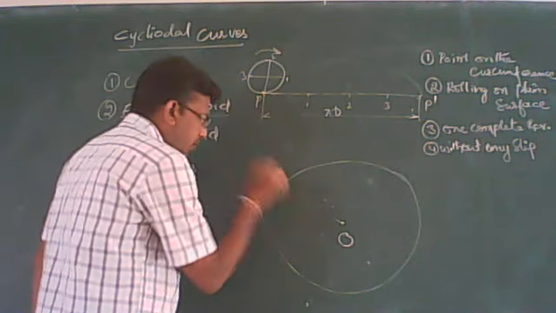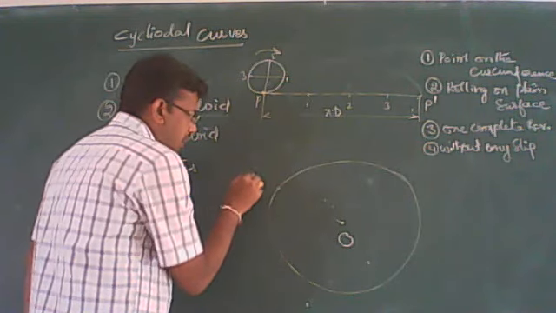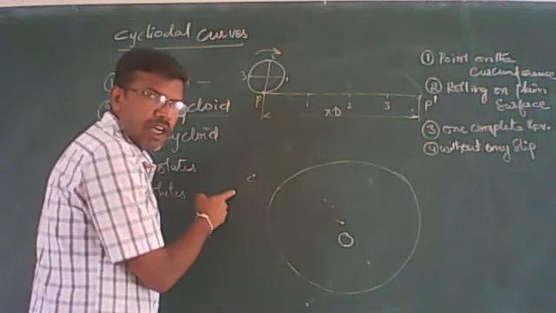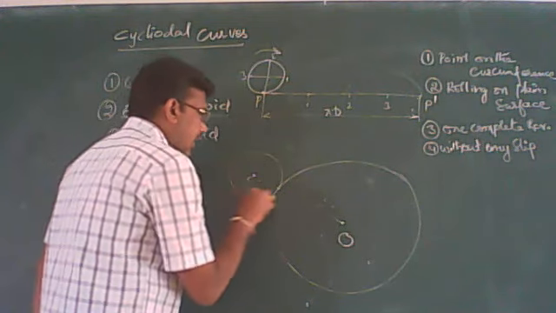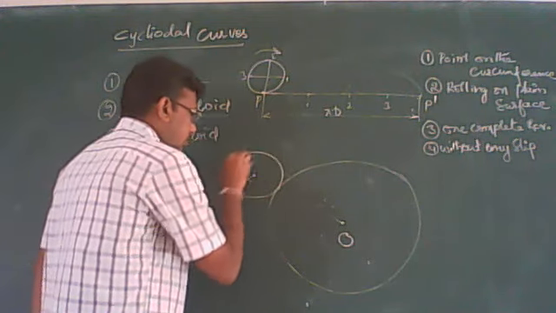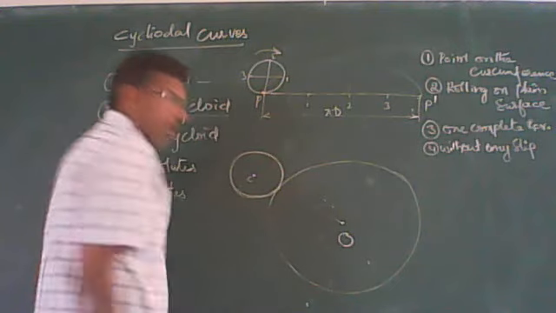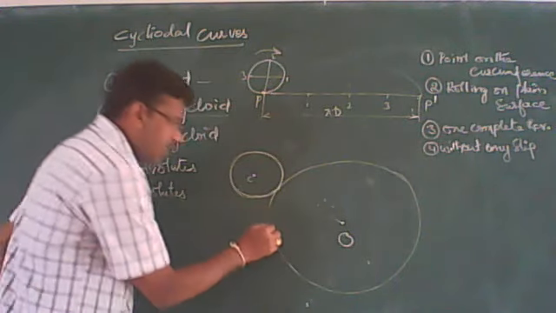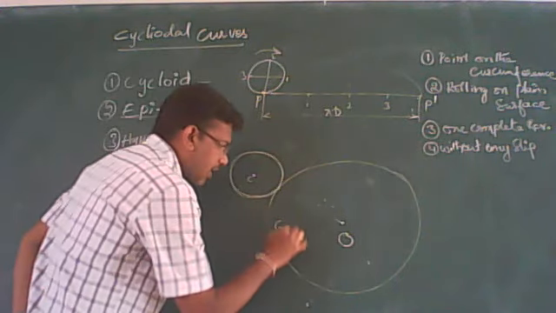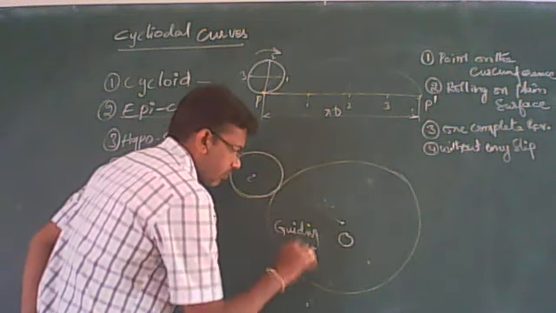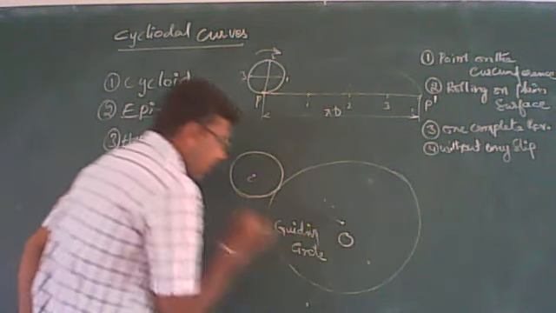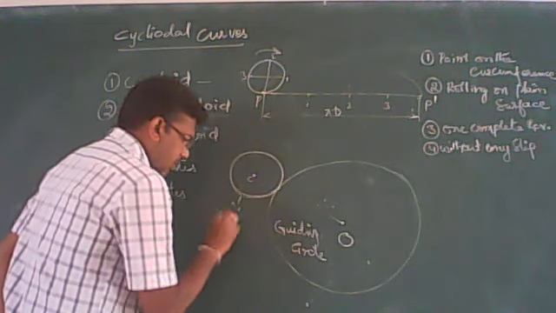I will take the first point, and I will take the center C as the smaller, rolling circle center, and simply I will draw another circle here. So now this is the guiding circle, and this one is the rolling circle.